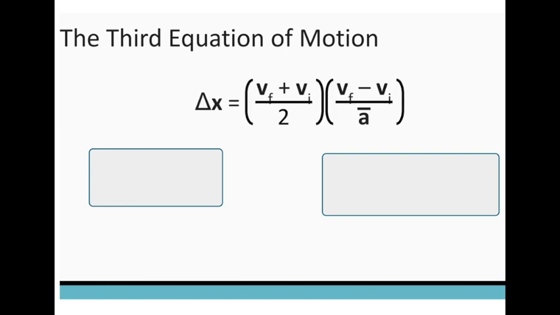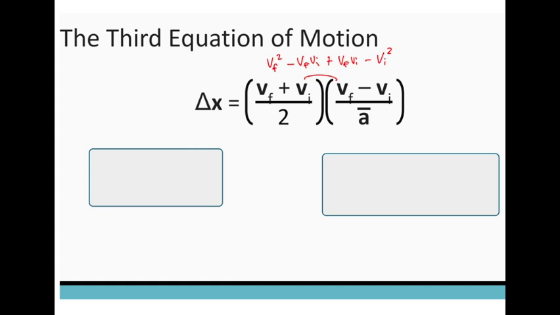If I multiply v of f times v of f, I get v of f squared. If I multiply v of f times negative v of i, I get a negative v of f v of i. Plus, if I multiply these two, I get a positive v of f v of i. And if I multiply the last one, I get v i squared.